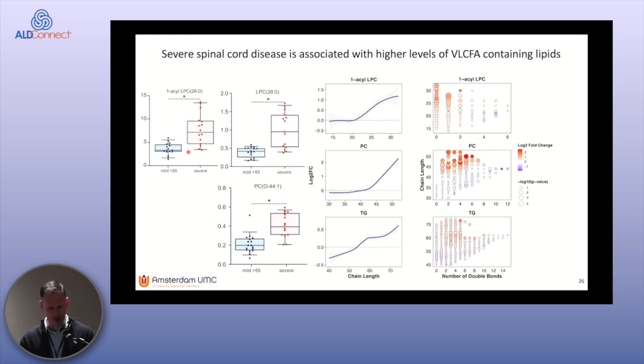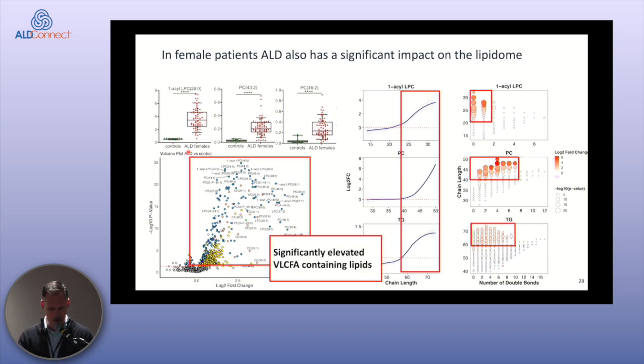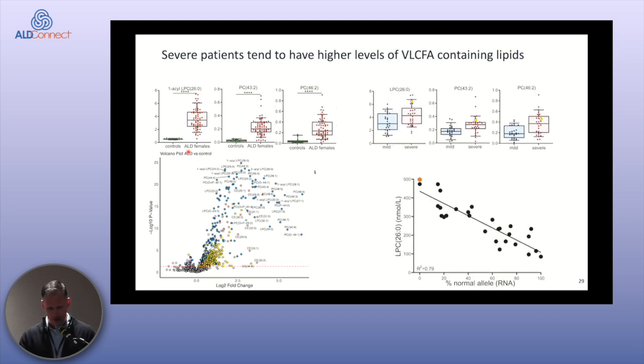We also characterized the lipidome of plasma samples from female ALD patients. Here also we were able to detect many elevated lipids containing very long-chain fatty acids. Also here we found a trend that more severe patients also tended to have higher levels of these lipids.